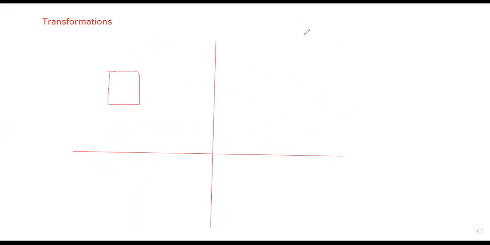Say they want me to reflect it in the line x is equal to -2. Remember I showed you this is -1, there's -2. If I'm cutting it at -2, it would just be a line cutting the x-axis at -2. And there's the line there.